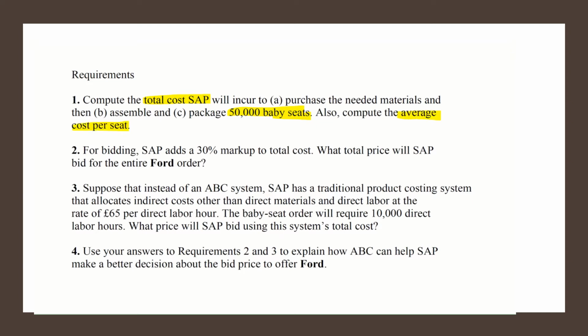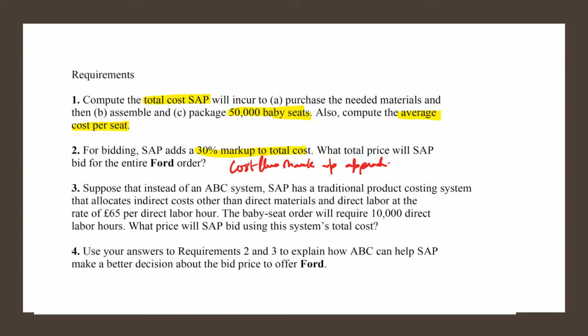And in the second part, we are trying to set pricing based upon the activity-based costing system which the company already has. It says that SAP adds a 30% markup to total cost. The 30% markup is basically a strategy called the cost plus markup approach.